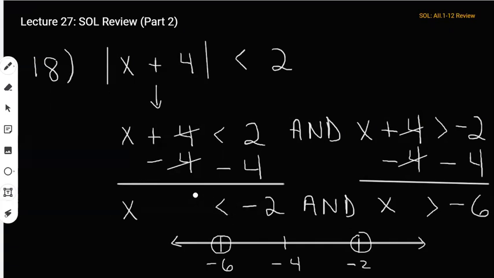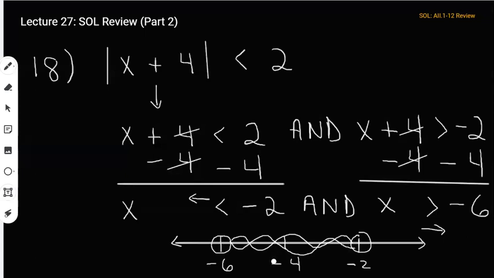I'm going to shade left from the negative 2. And I'm going to stop at the negative 6. And from the negative 6, I'm going to shade to the right, like that. And I'm going to stop at the negative 2.